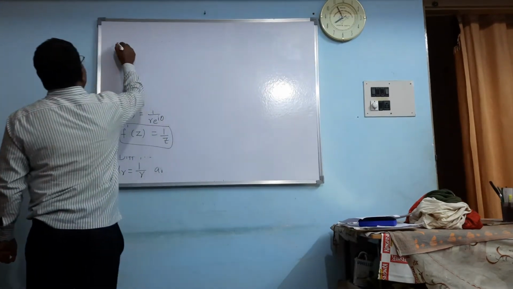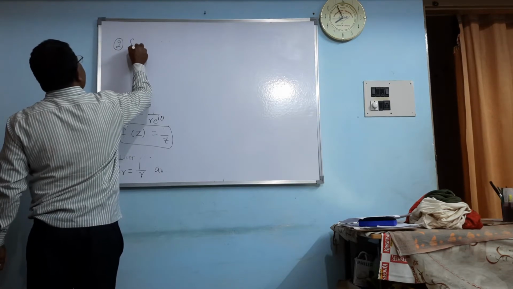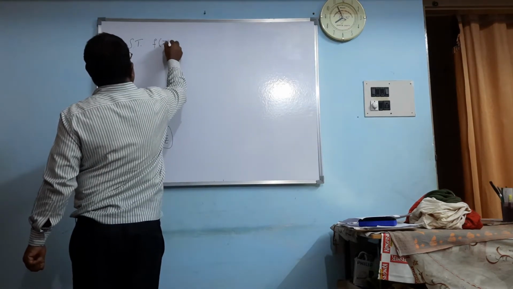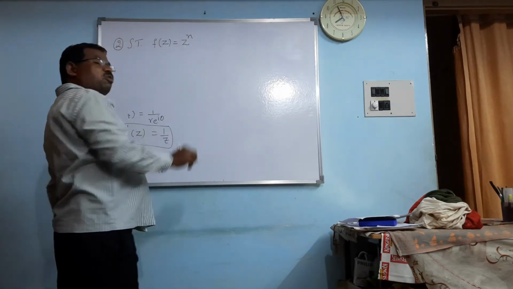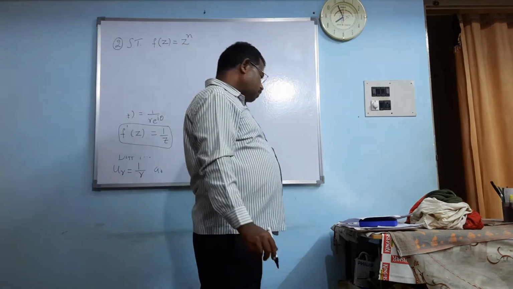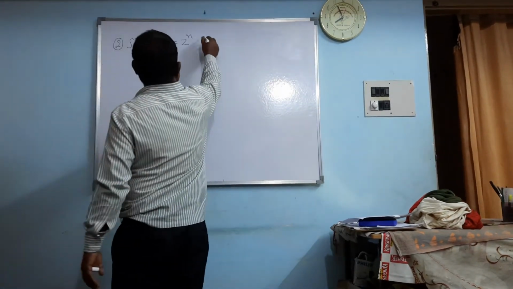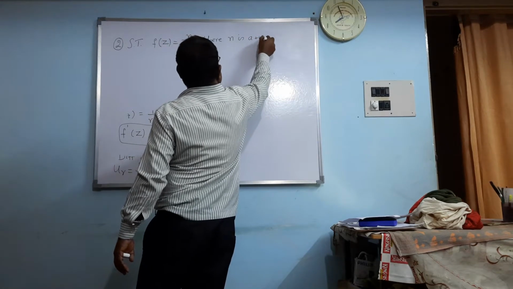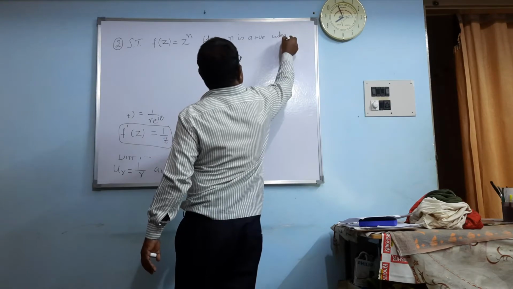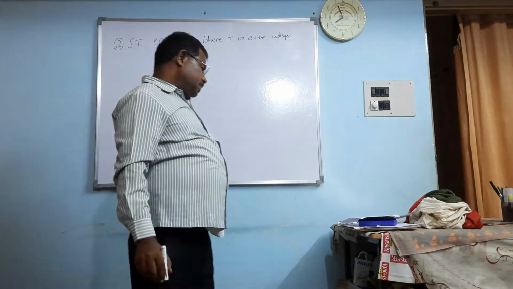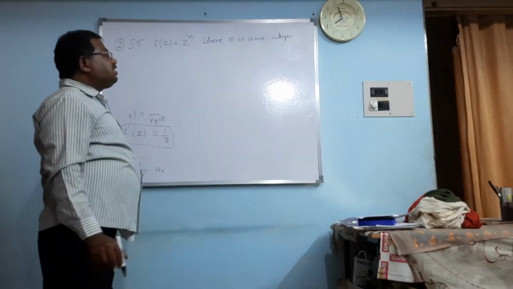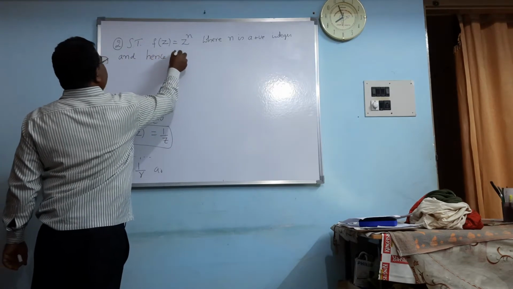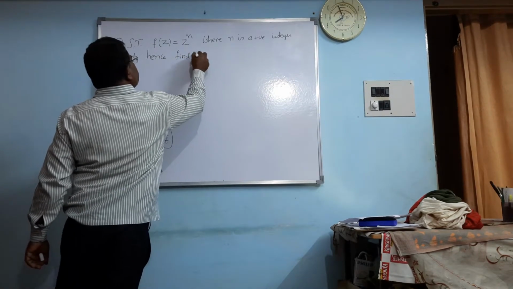So that problem second: f of z equals z to the power of n, where n is a positive integer, and hence find its derivative.